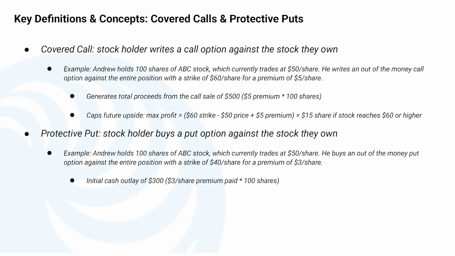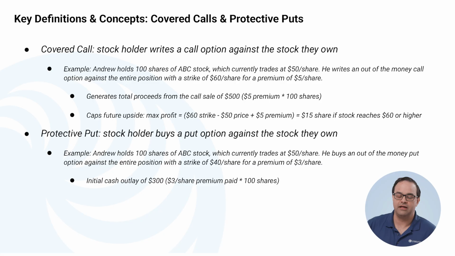So in contrast to covered calls, which are really intended to be an income generation mechanism for longs that a portfolio manager or an investor has, in this case, a protective put is intended to guard against downside in a particular security.